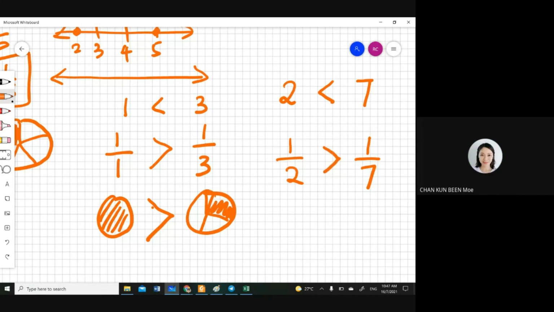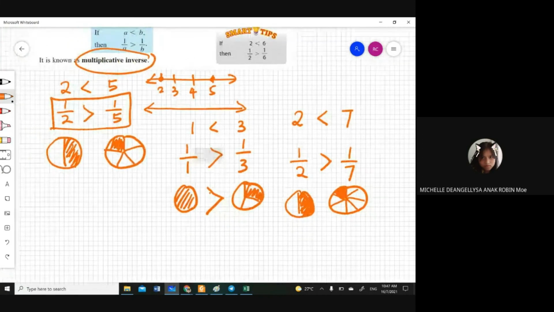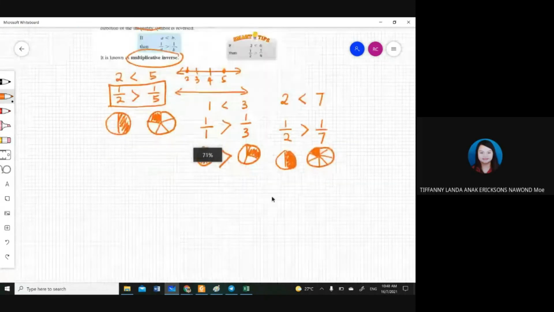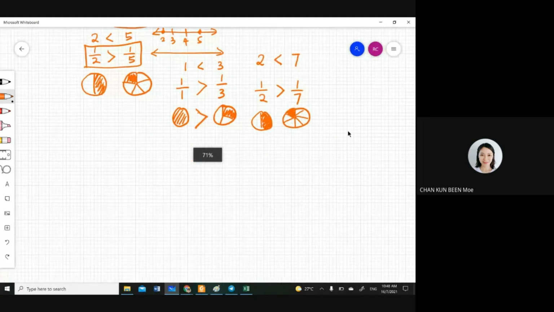So you understand already, yeah? Because half of course is greater than 1/7. 1/7 is so small. So 1/2 is greater than 1/7. Understand that, class? Yes. That's all for the lesson.